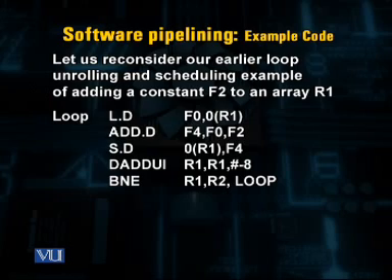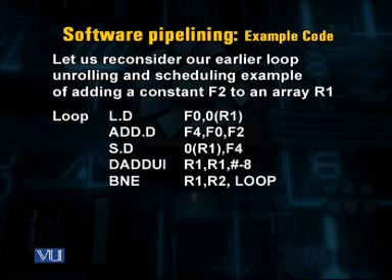The compiler symbolically unrolls the loop and then it schedules the instructions. After symbolic unrolling, the compiler selects the instructions from each iteration which do not have dependence among each other.